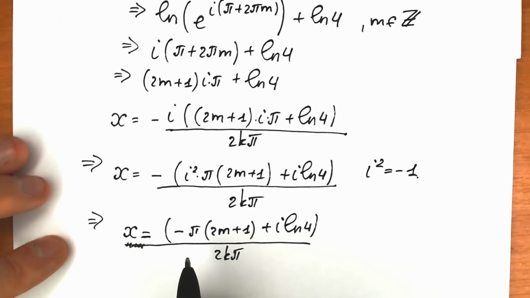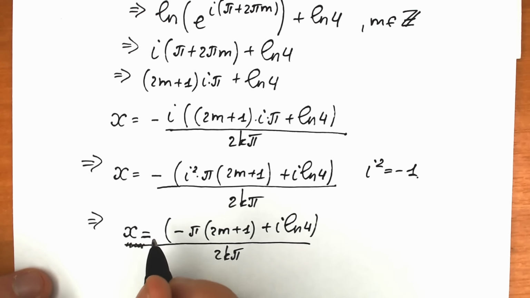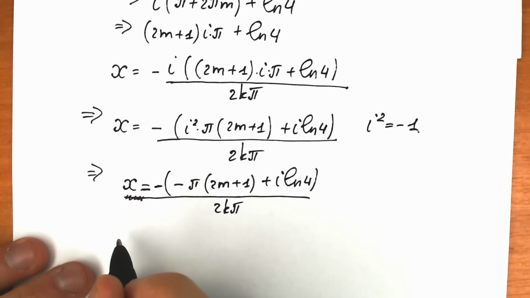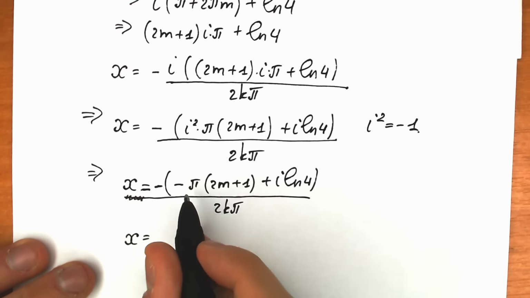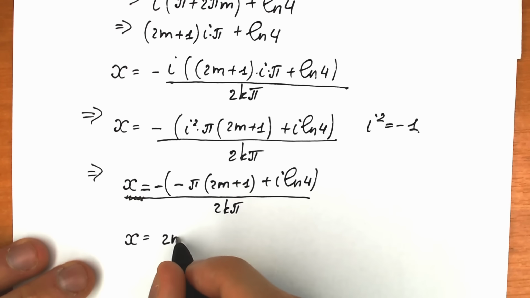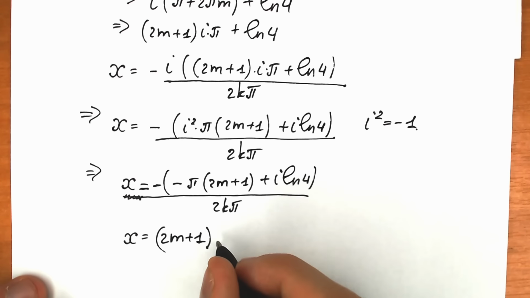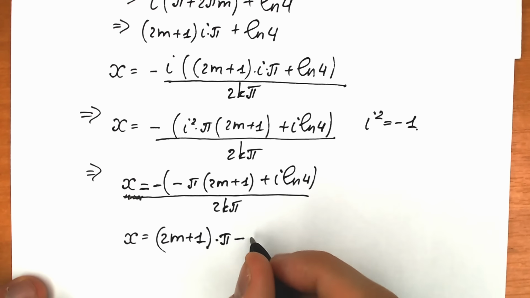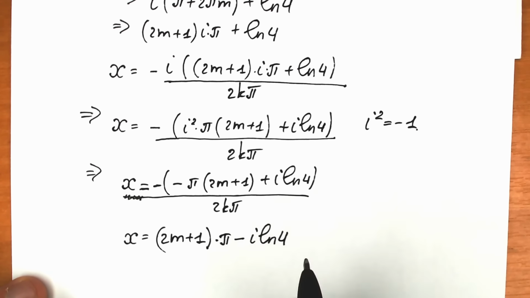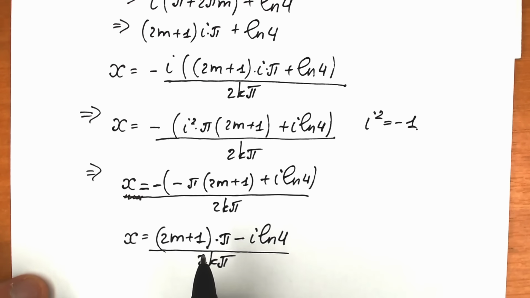Here we have minus, and as a final answer to this challenge, x equals minus times minus gives us plus. So we have 2m plus 1 times pi minus i natural log 4, all over 2k pi. And this looks like our answer. We have 2m plus 1, and we know that m is an integer.